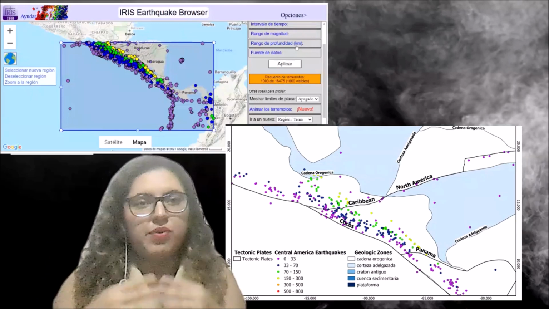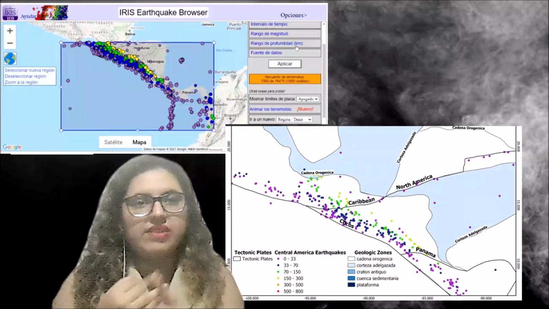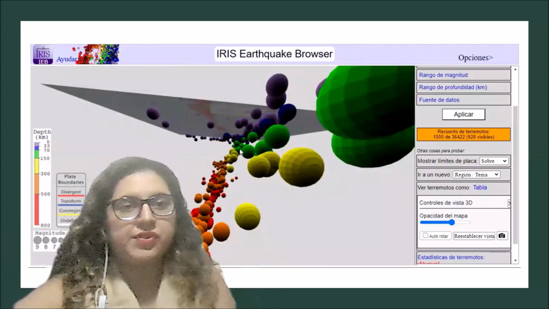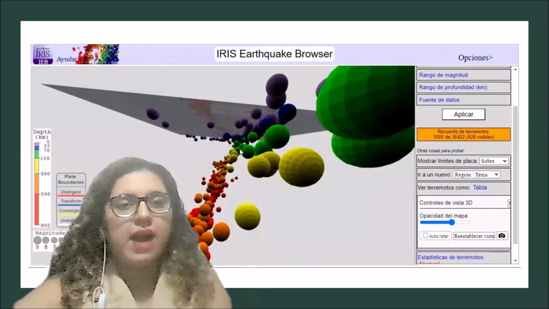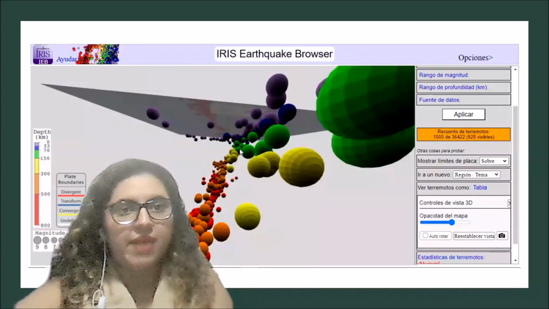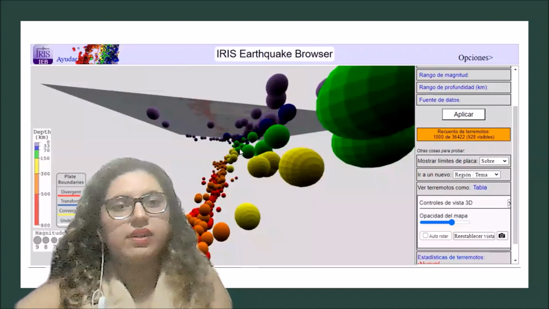Then we are represented with convergent, divergent, and transform plates. We have the 3D view of the Central America region, representing a number of seismic events of the deep.